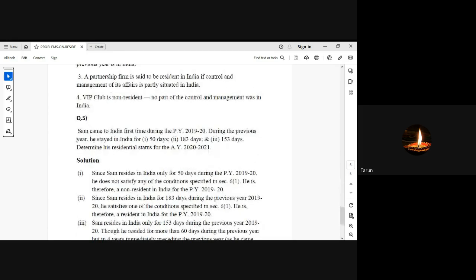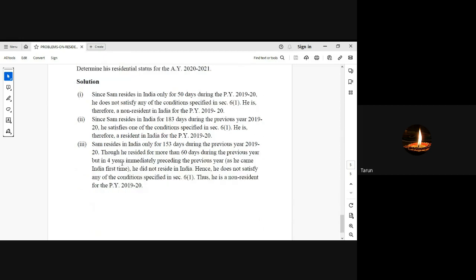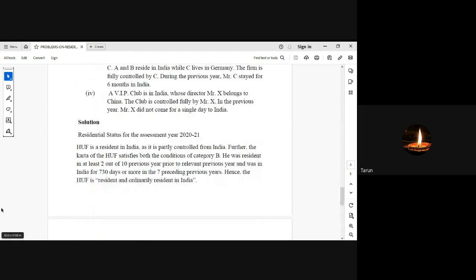Right, question number 5 is related to residential status, and the days are already given to you, and accordingly you have to find the answers. There are 3 categories, 1, 2, 3. One important note in this session: when you find the answers, you have to mention the reason. If it is resident, state how it is resident according to the conditions.